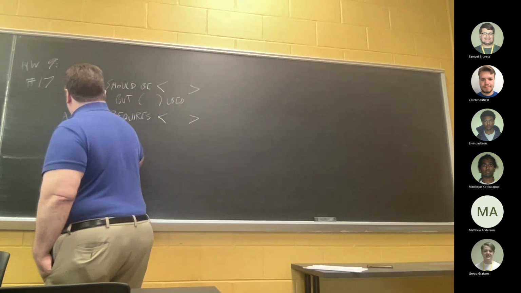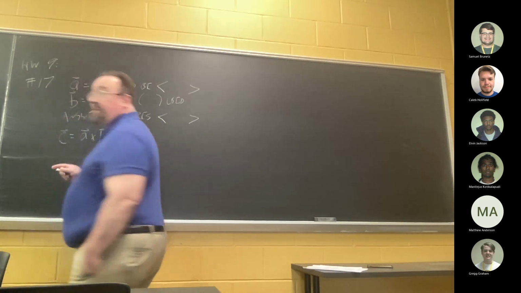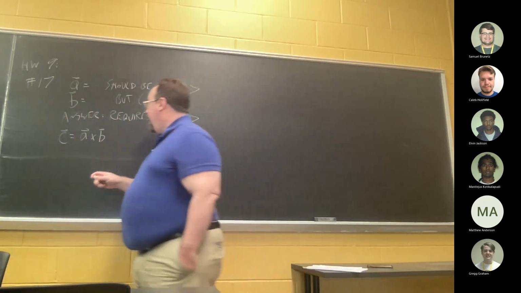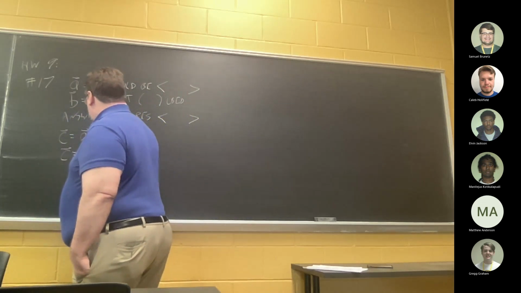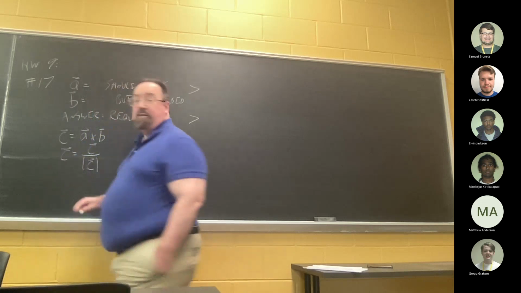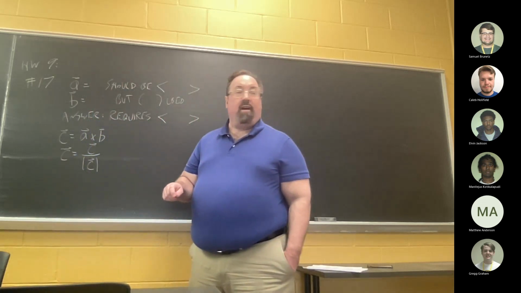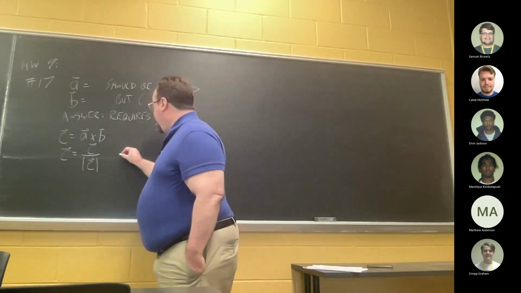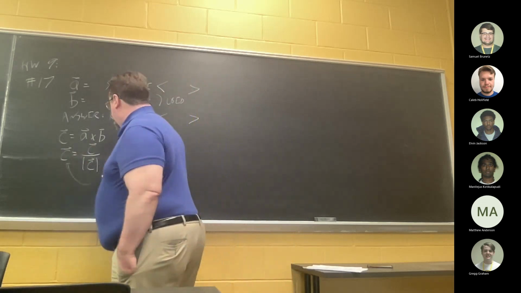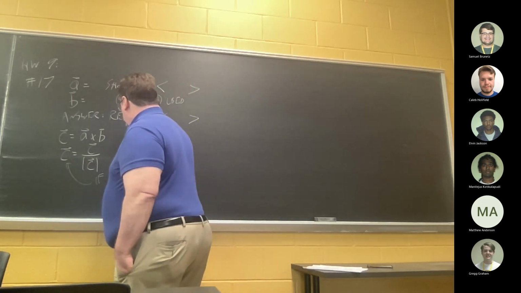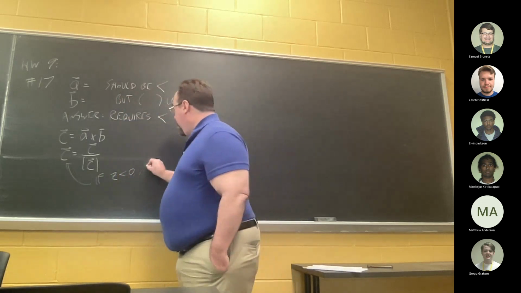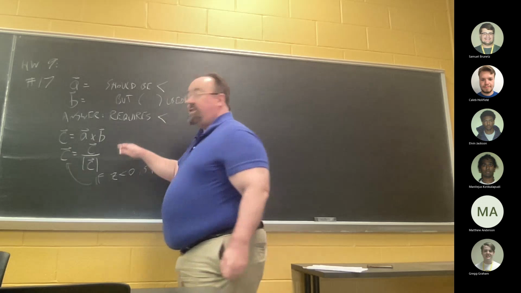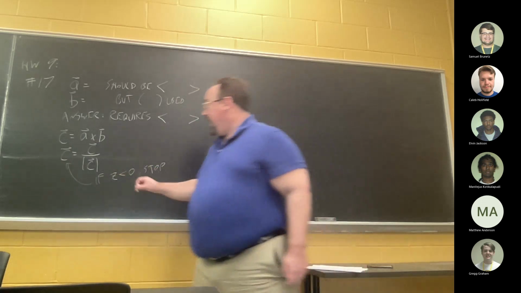We take our cross product. We get a new vector C. And then you divide it by its magnitude, which makes it a unit vector. And then this vector that you get, if the Z component is already negative, that's your answer, that's the vector you input.